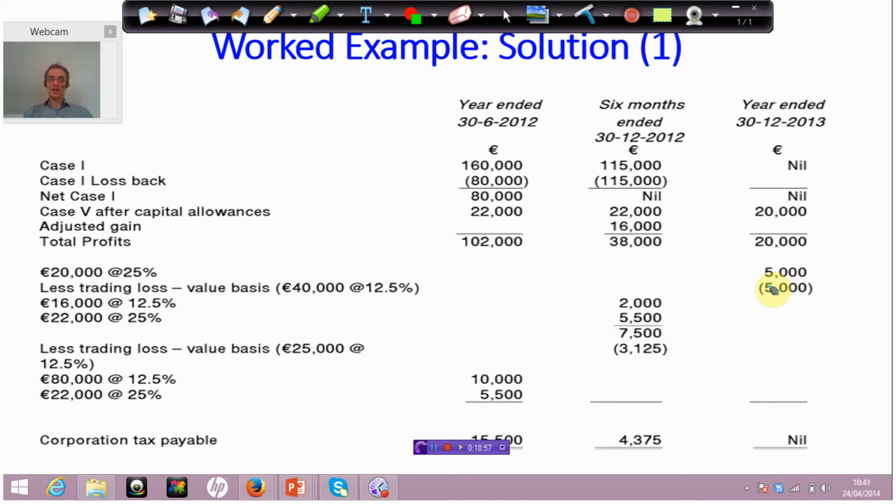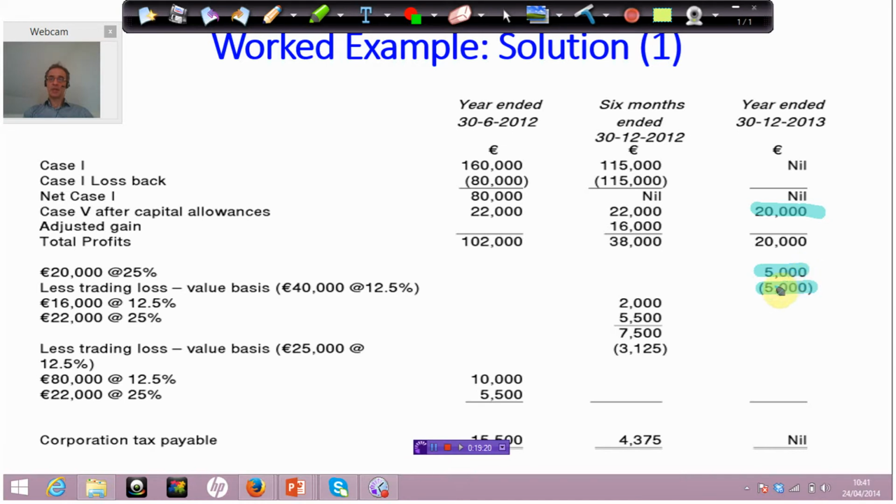So you'll see that the next thing that is done here is that the other income in the current year is offset on a value basis. And you remember what the value basis means? It simply means that we say, well, what's the income? Let's just calculate the tax on the normal basis. So in this case, it's 20,000 times 25% for the investment income rate.